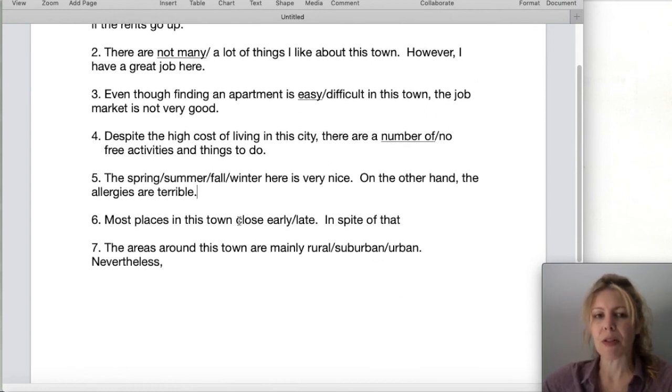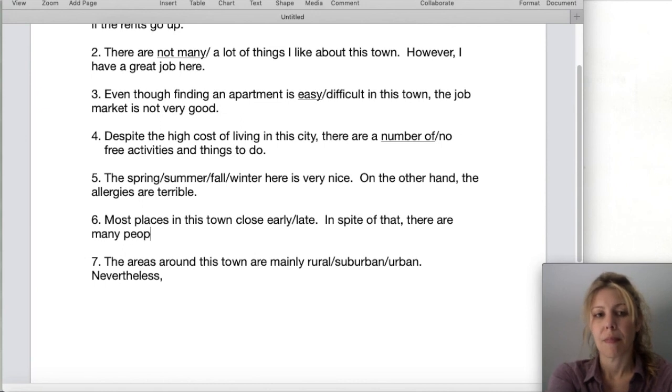Number 6, most places in this town close early or late. In spite of that, okay, let's see. Most places in this town close early. In spite of that, there are many people still out.